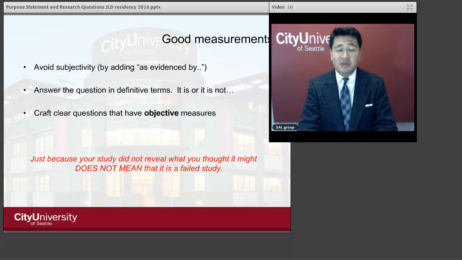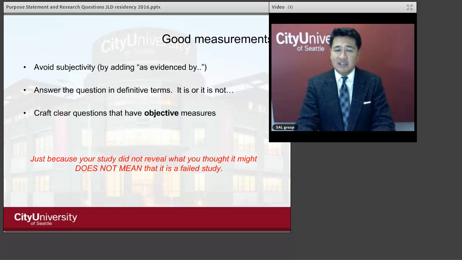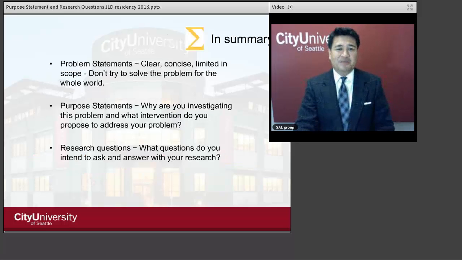Did it solve the problem? No, it didn't solve the problem. That's okay. Maybe another research study will look at it and try to help solve the problem. So just because the data didn't come out the way it did doesn't necessarily mean you failed in the study. The key is to set up the good question and let the machine sort of run itself.